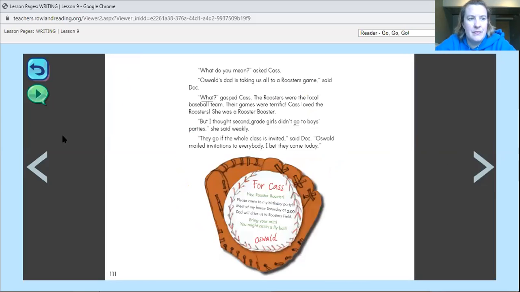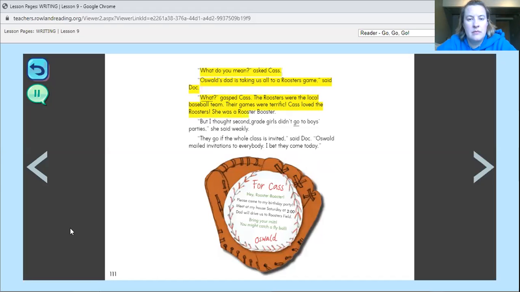Uh-oh. "What do you mean?" asked Cass. "Oswald's dad is taking us all to a Roosters game," said Doc. "What?" gasped Cass. The Roosters were the local baseball team. Their games were terrific. Cass loved the Roosters.